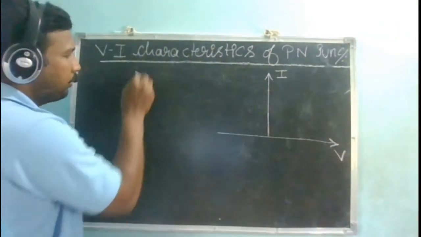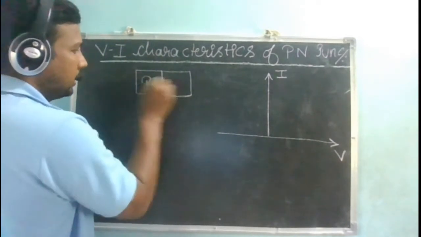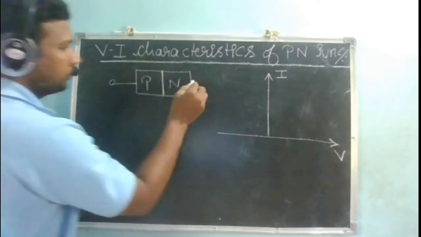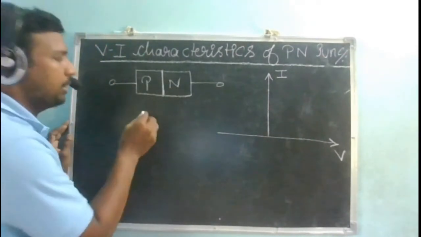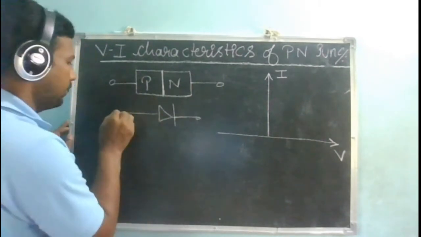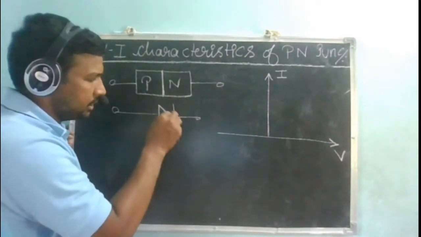When I form a PN junction like this, this junction itself I am calling a diode, and the diode's symbolic representation is this.